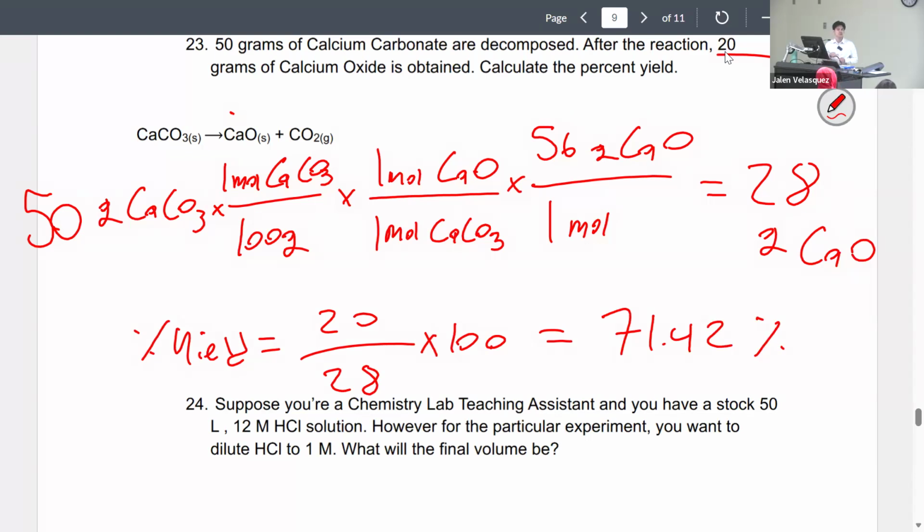Okay, so that's a pretty good percent yield, right? It's pretty close to the theoretical value. Okay, any questions on that? Percent yield? We can memorize the equation. Yeah, cool.